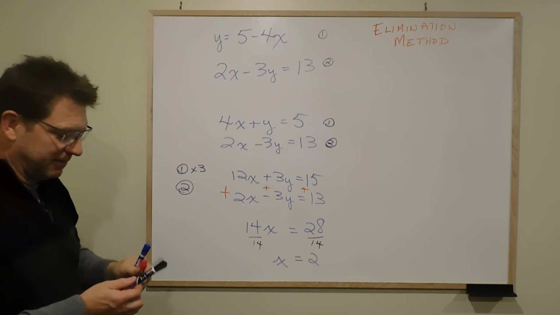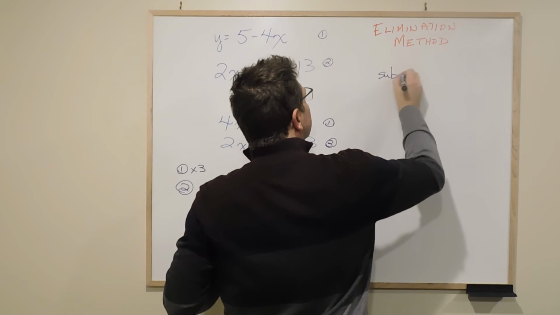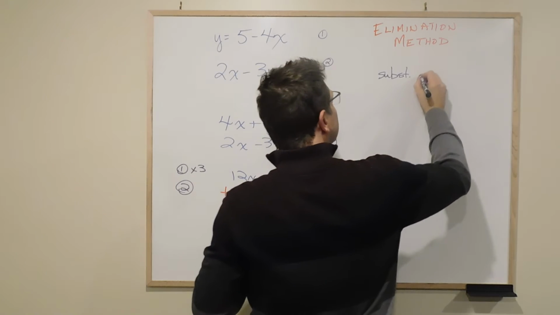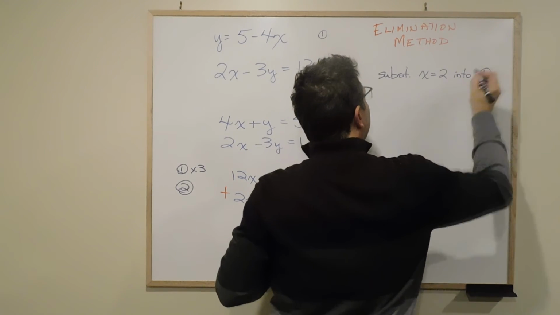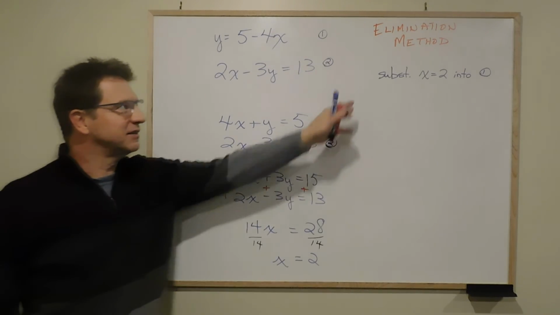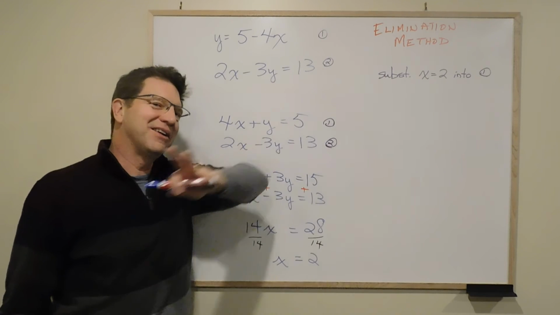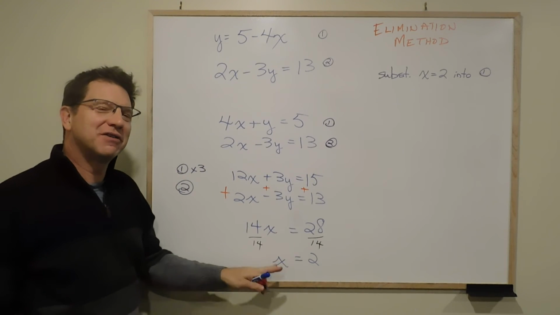I'm going to pick the first one, so I am going to substitute x equals 2 into number 1. If you've already watched the video on substitution, you're thinking that looks exactly the same. And it is exactly the same. It's just a different method of getting this first variable.